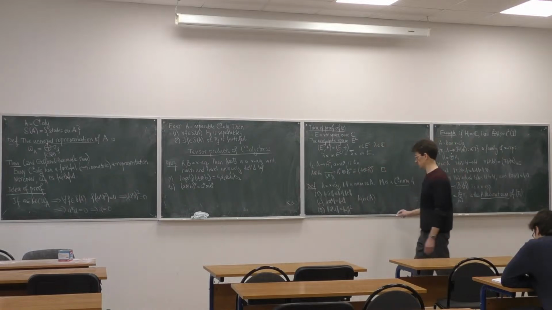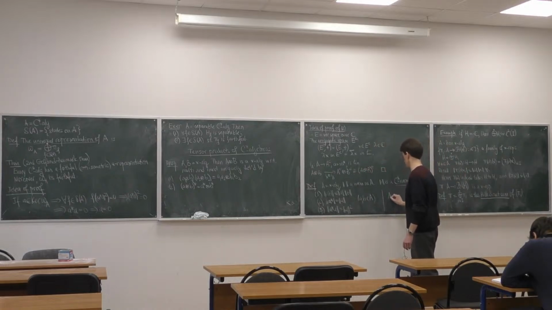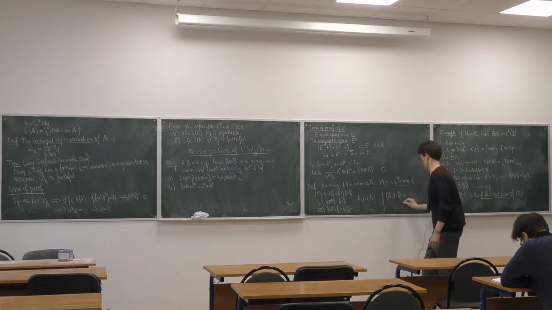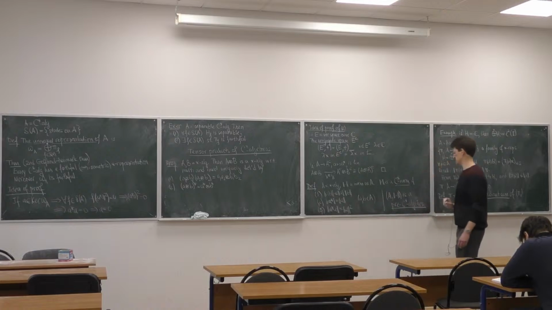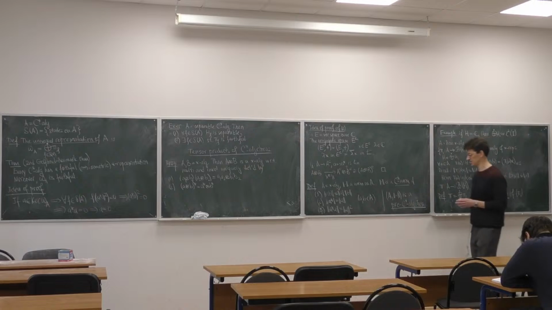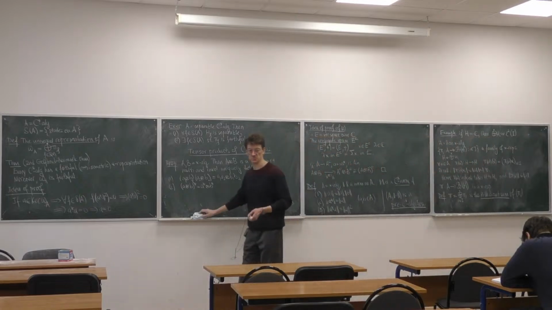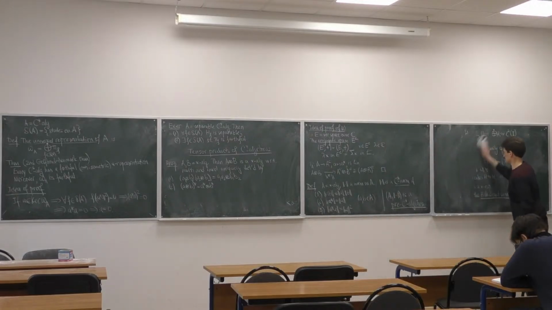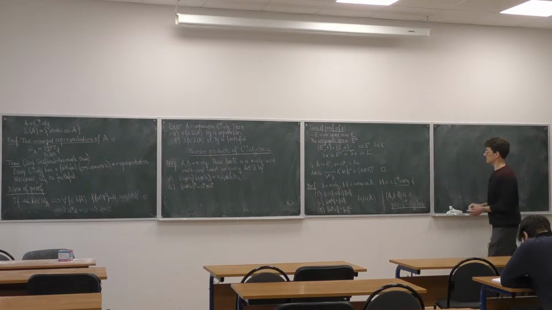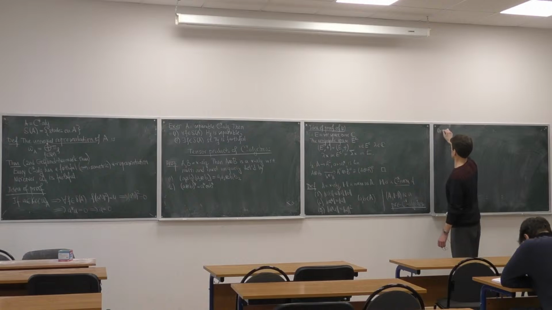And a star algebra A equipped with a C-star norm is called a pre-C-star algebra. So the only difference between the pre-C-star algebra and the C-star algebra is that A is not assumed to be complete. But on the other hand, it's a simple observation that the completion of a pre-C-star algebra is a C-star algebra.